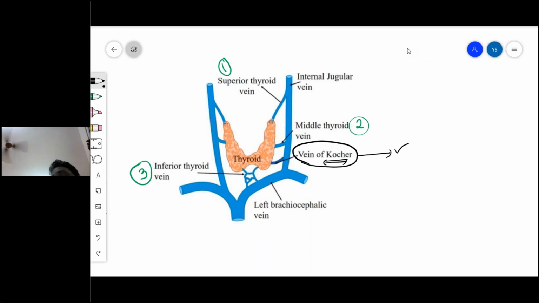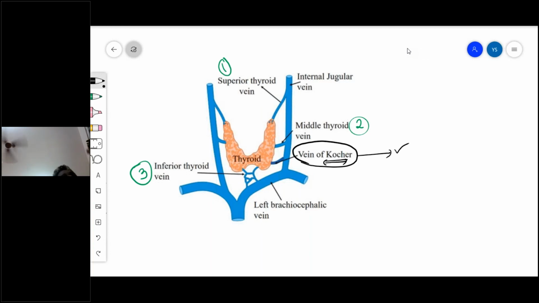And next we come to the nerve supply. Nerve supply is by the autonomic nervous system, mainly by visceral branches from the middle cervical ganglion of the cervical part of the sympathetic trunk. I will explain the sympathetic trunk in that section.